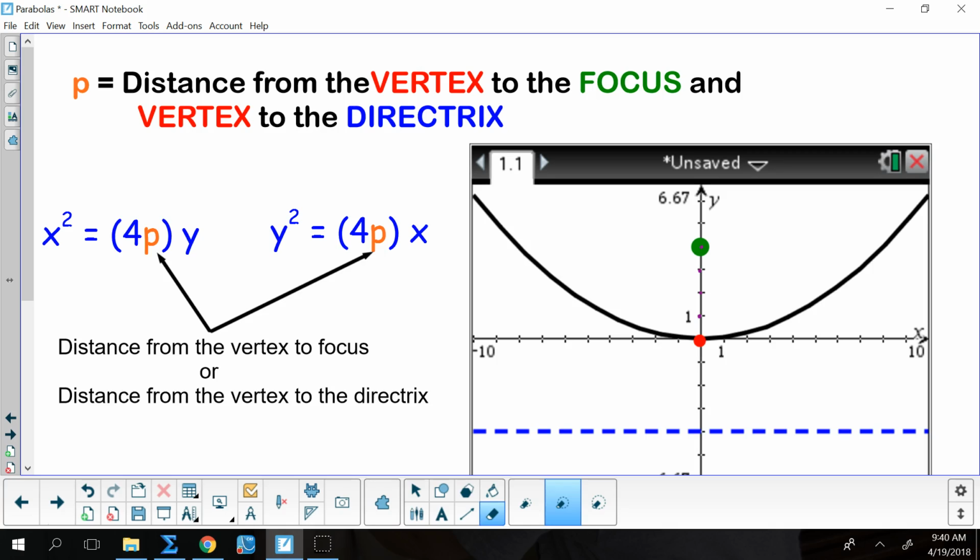So this point right here is called the vertex. The vertex is on the parabola. The focus is inside, the directrix is outside. So you've got an inside point, an on point, and an outside line.